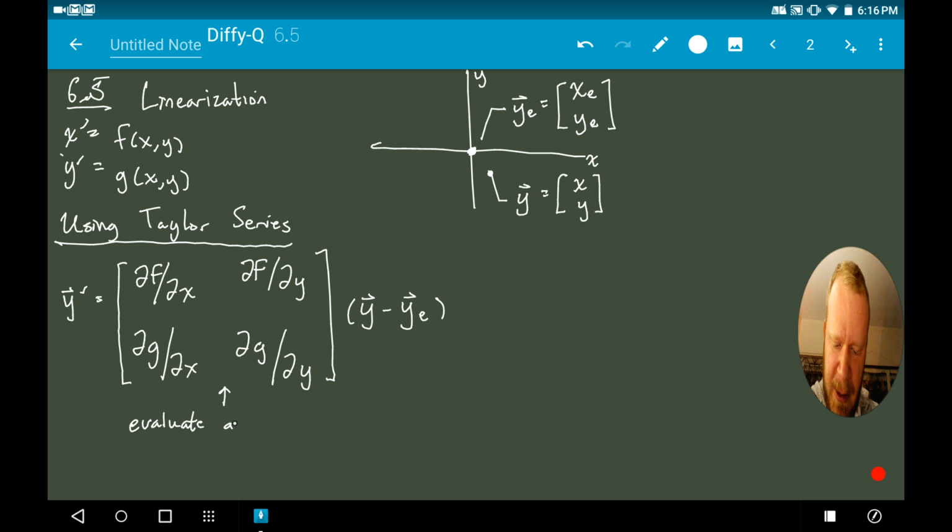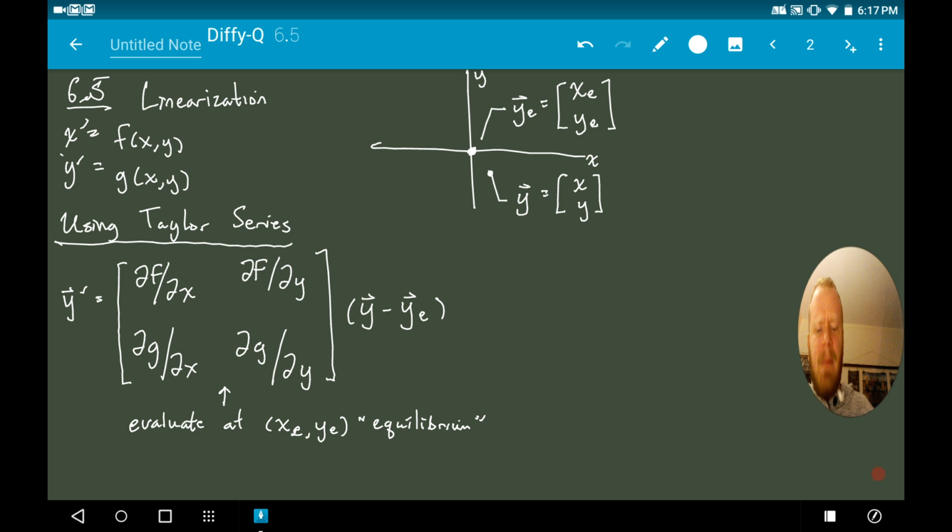We're going to find these partial derivatives at x e, y e, the equilibrium point. So we'll find those partial derivatives, and then these are just the two vectors that I just pointed out here. This will become the y vector.